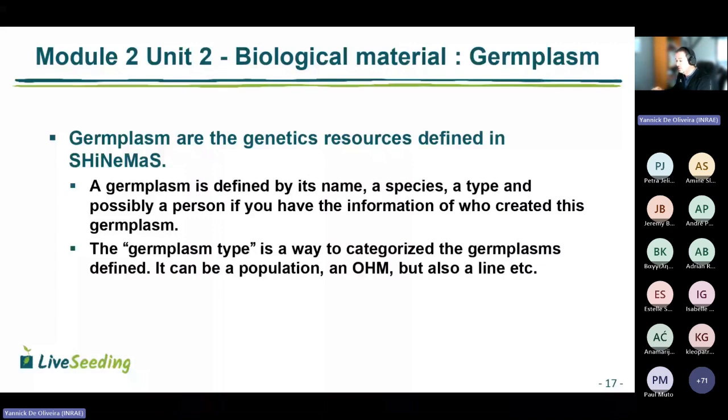And the type of the germplasm is a way to put a category on a germplasm. It can be a population, an organic heterogeneous material, but also a line, etc. So it's up to the administrator to define the different types of germplasm.